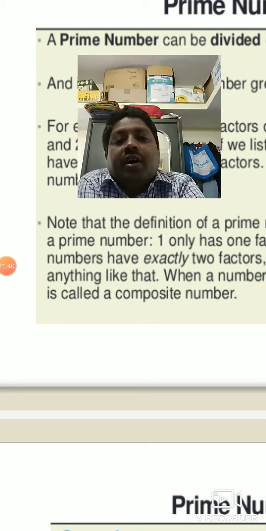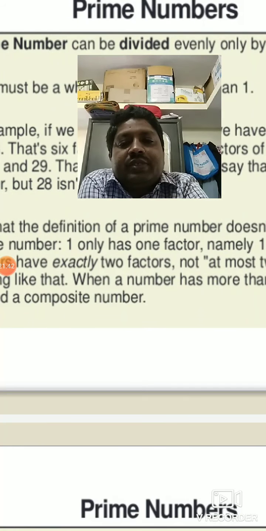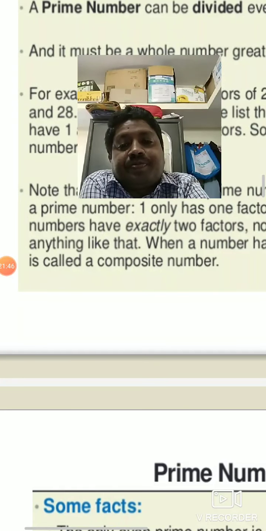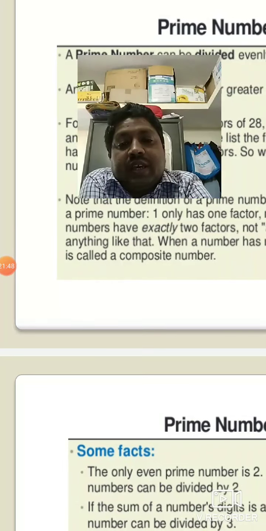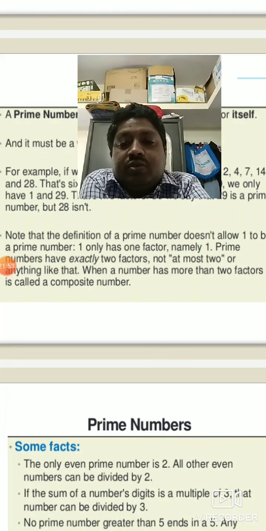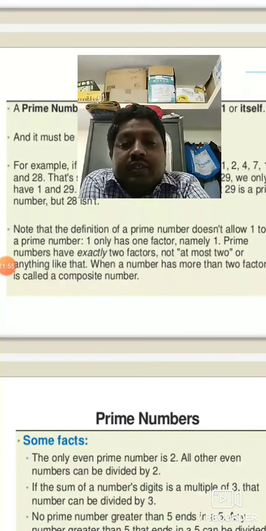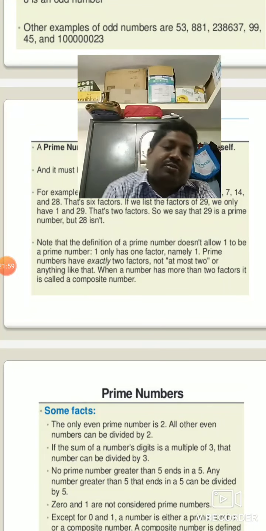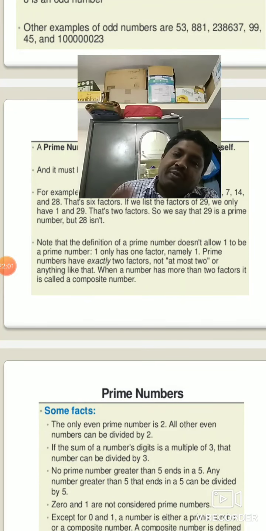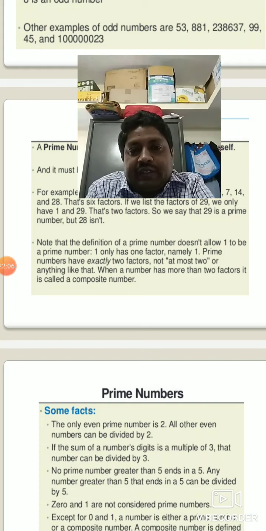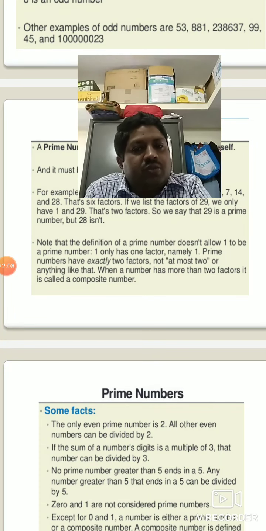Prime numbers have exactly two factors, not at most two. Got it, children? This is what we call prime and composite numbers.